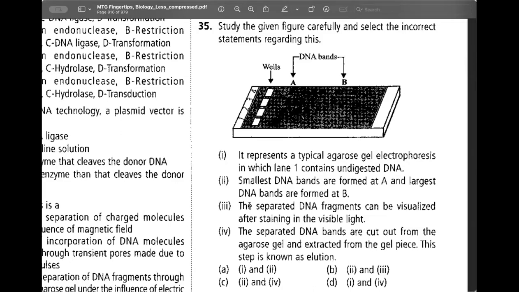So option B. Yes, correct. So I think you are now ready to tackle electrophoresis-related questions.